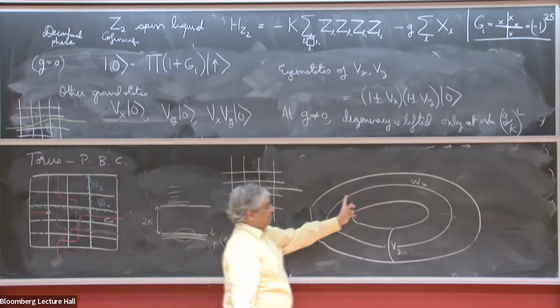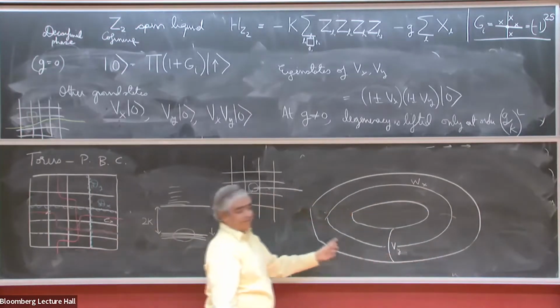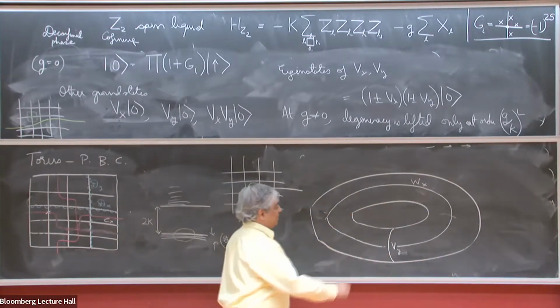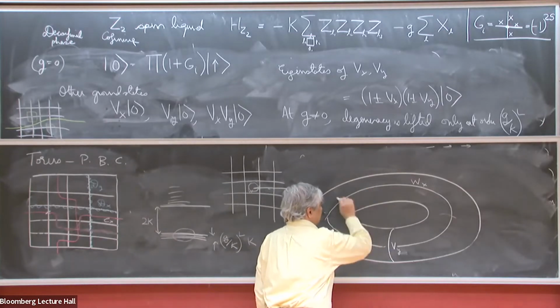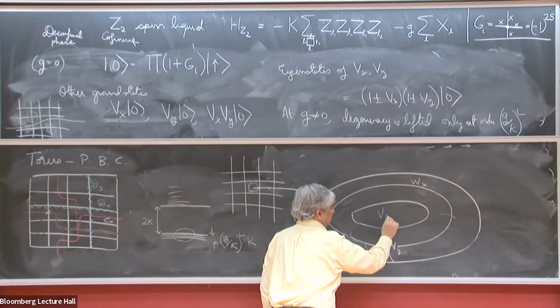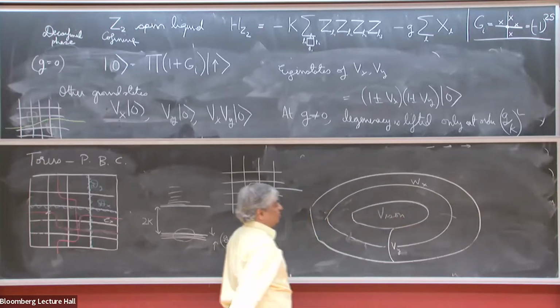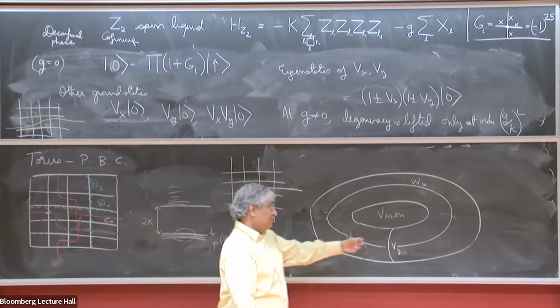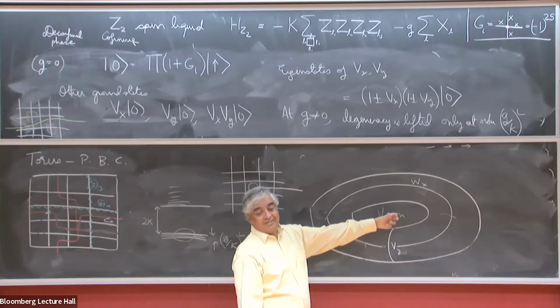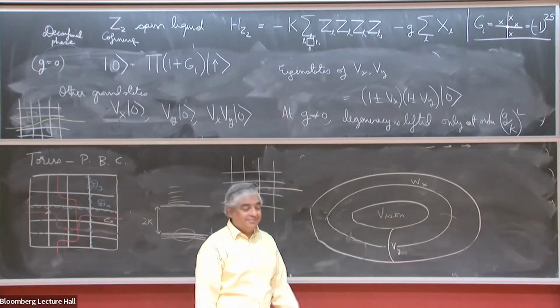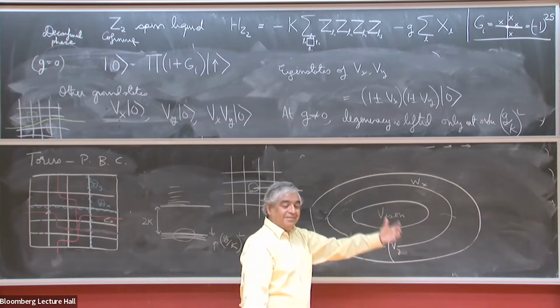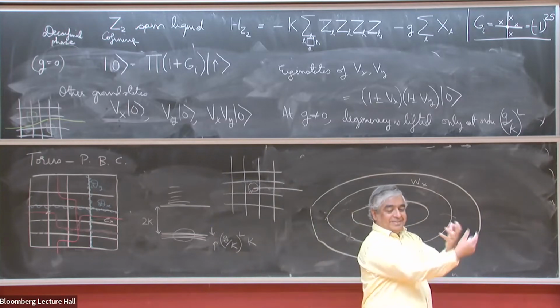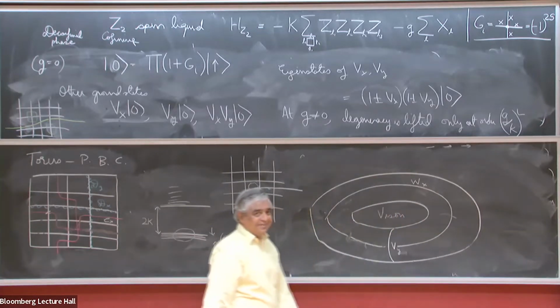Here, I'm taking the W operator on this big loop, and I'm getting -1. So that tells me that in the whole of the torus, there's a Vizon. So going from one ground state to the other corresponds to putting a Vizon in the whole of the torus. But that doesn't cost you any energy because there's no matter there. So there is a quasi-particle, but it's sitting where it costs you no energy.